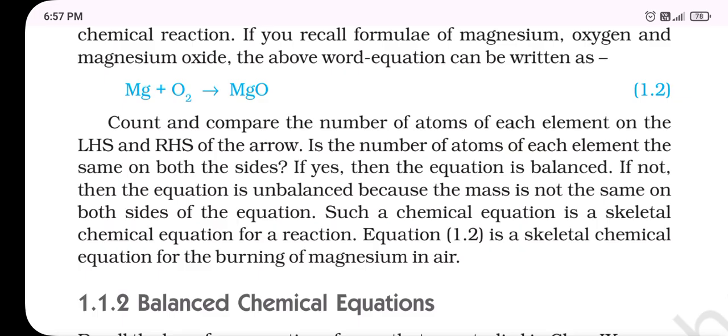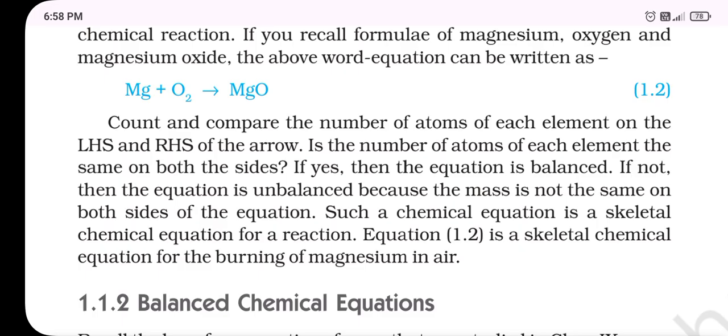This is like the laws of the universe, as stated by scientists. So we have to balance the chemical equation to balance the atomic mass. Over here it says if not, then the equation is unbalanced because the mass is not the same on both sides of the equation.